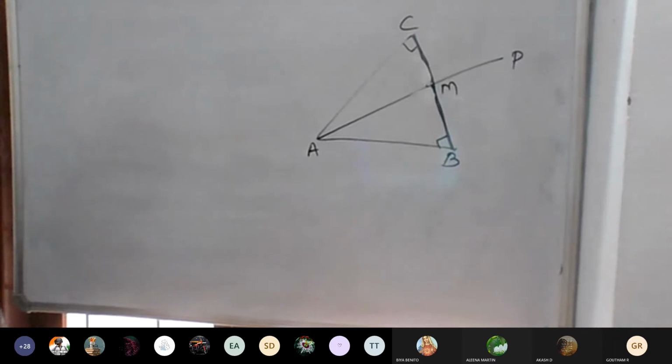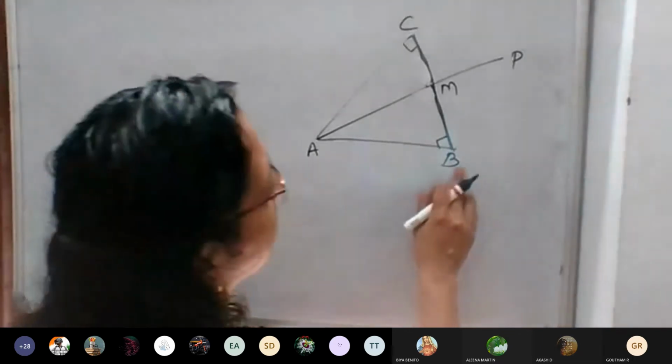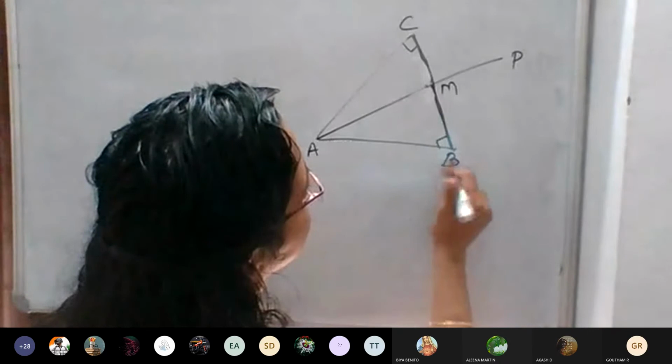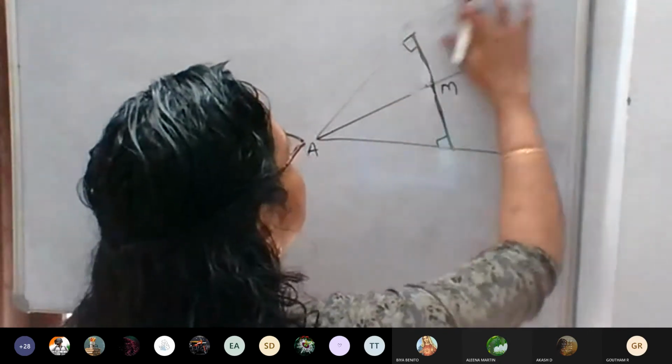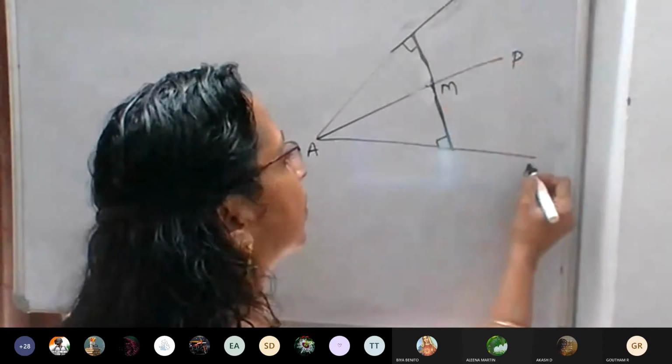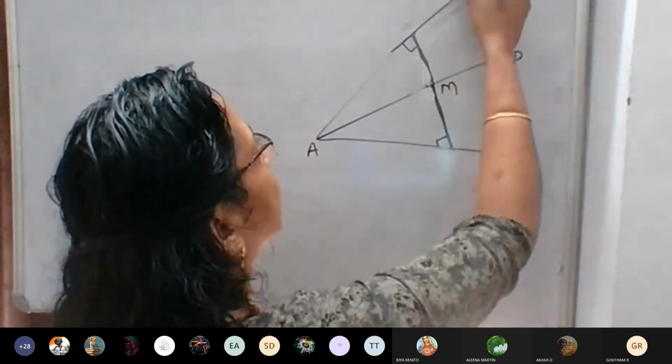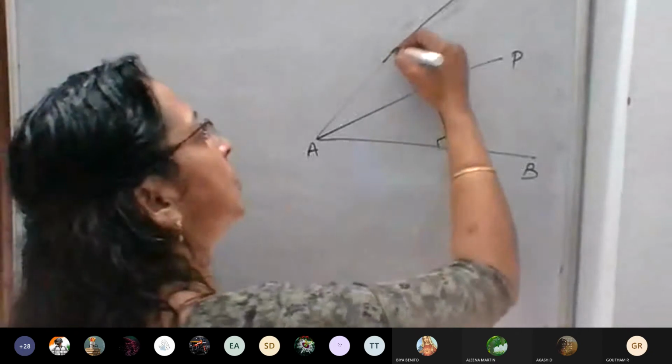Perpendiculars drawn from M to AB and AC are equal. That means we have to find out which two are equal. It will cause confusion, so better to extend that line: A, B, C. Now it's okay, no?